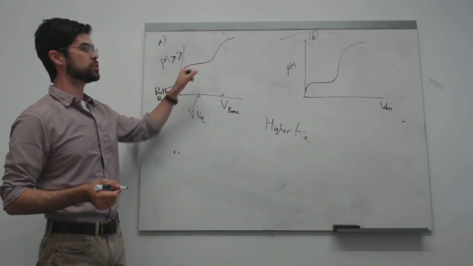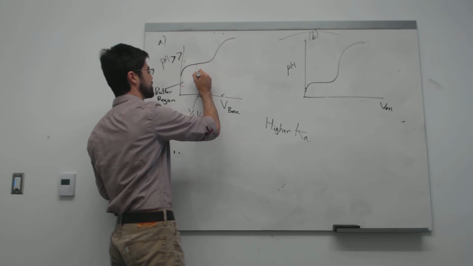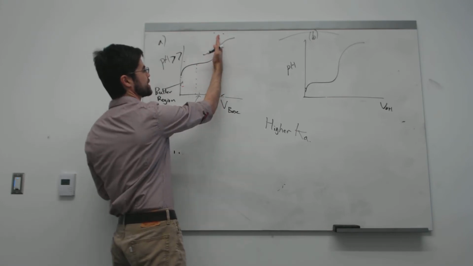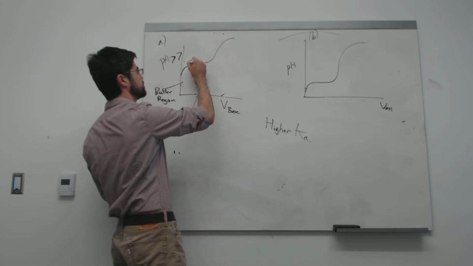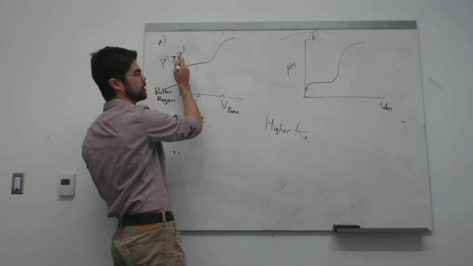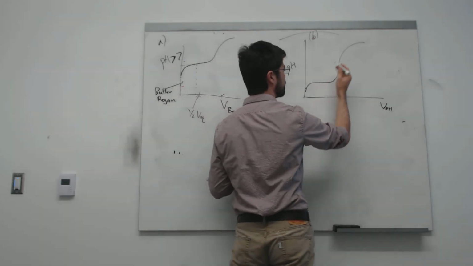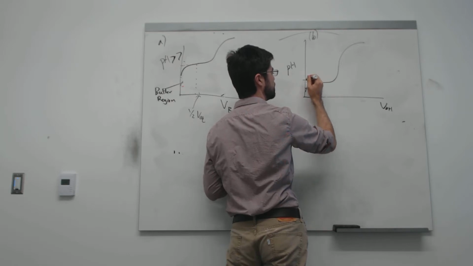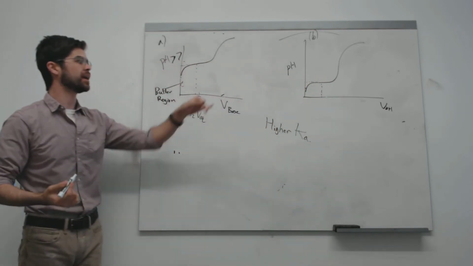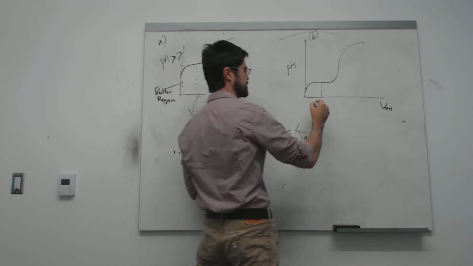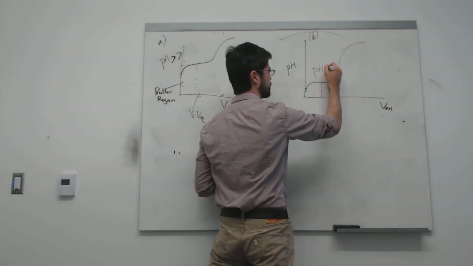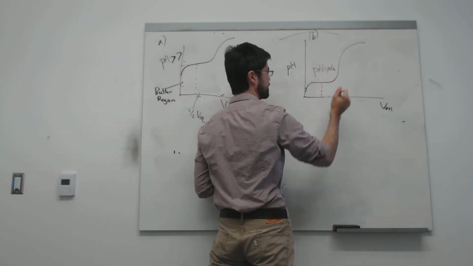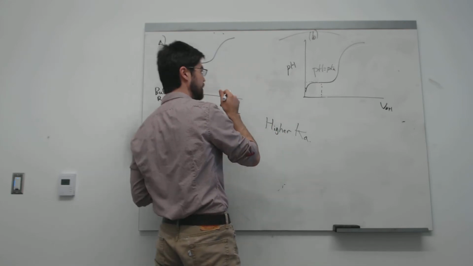So again, between these two, you can say, okay, the pH at the half equivalence point, that looks like about the half equivalence point to me. So the pH over here was quite high. Over here, again, the pH at the half equivalence point, that's going to be right around here. This one has a lower pH, so I can say that at the half equivalence point, the pH should be equal to the pKa.